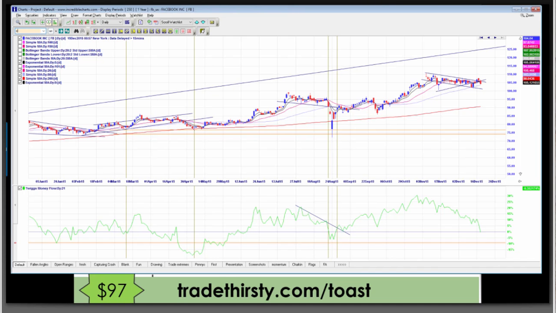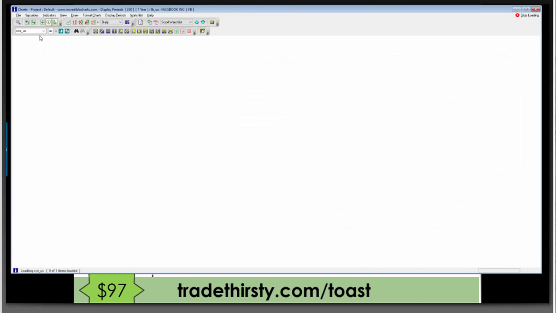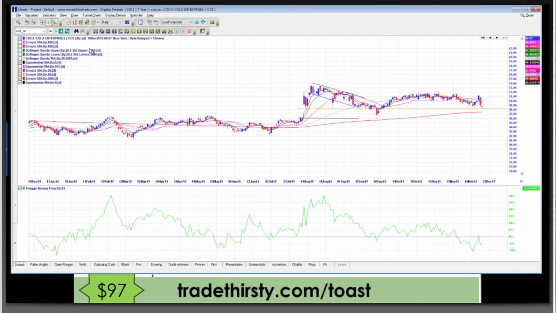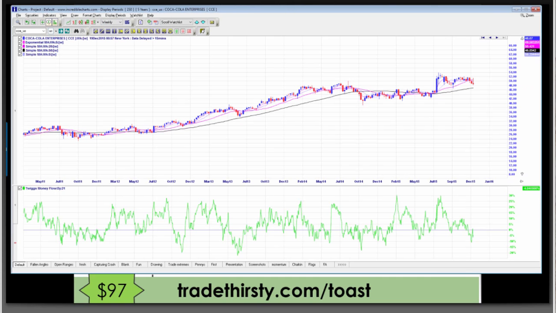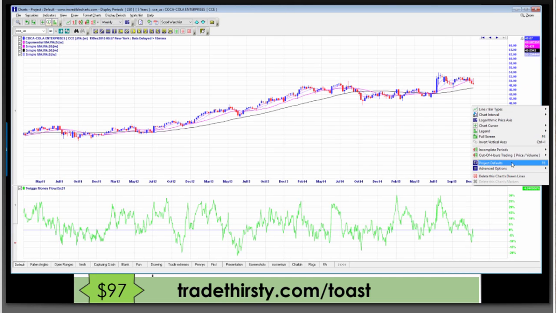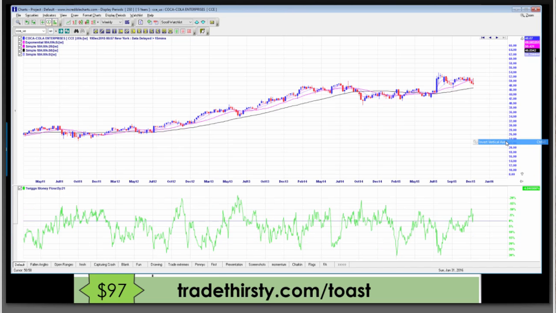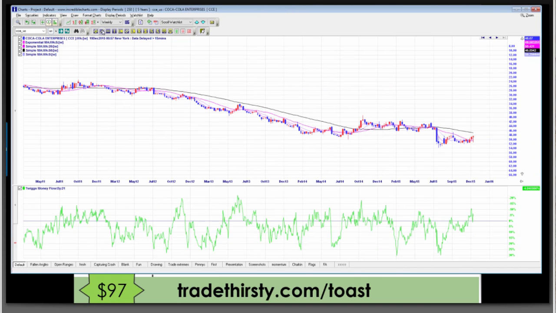What I prefer is something like Coca-Cola Enterprises, which we alerted a few weeks ago. If you go on the weekly chart, it's got a little bit more substance. I'll invert it again once more, and you can see you've actually got a bump and run formation.